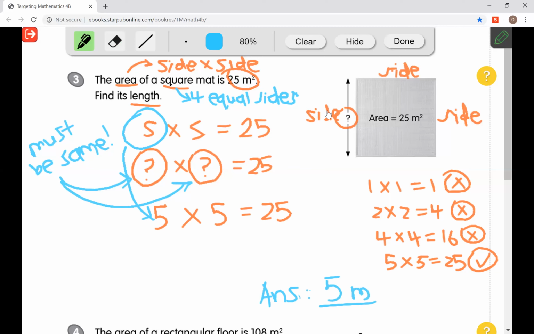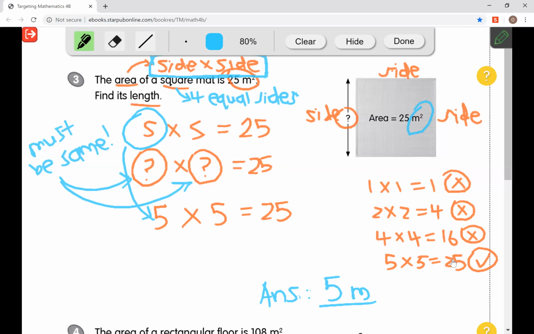Look at the unit in the question. It is square meter, so the unit will be meter for the side. So one important formula to take note of is the area of the square. Area of a square is side times side. Okay?